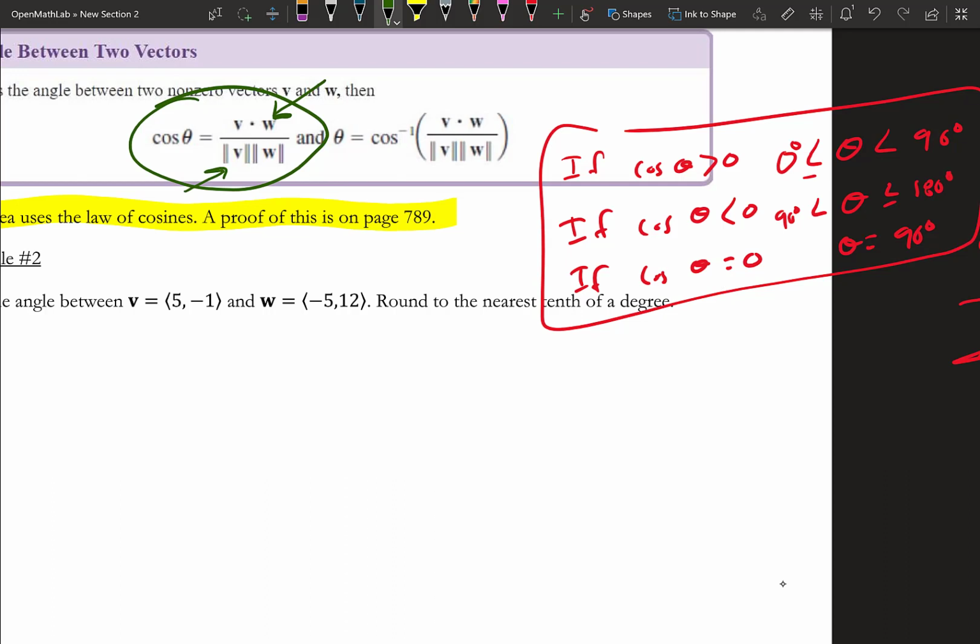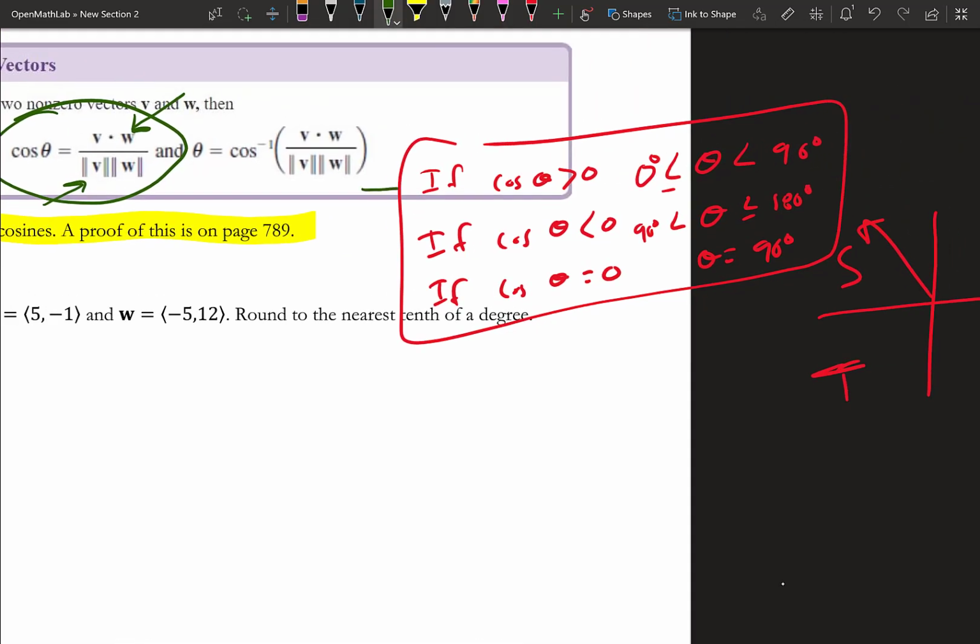So there's always going to be a positive number on the bottom. So depending on what v times w is on the numerator, that's going to drive if the sign is positive or negative, right? So obviously in this case, this is when vector v dot vector w is greater than 0.